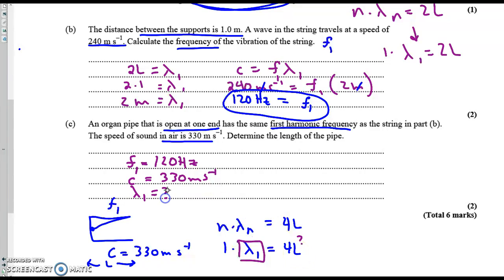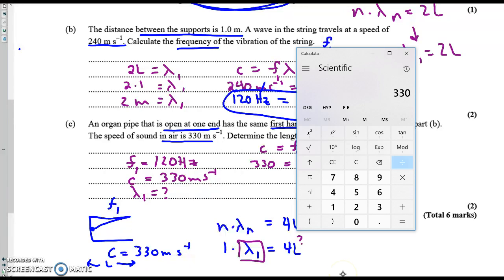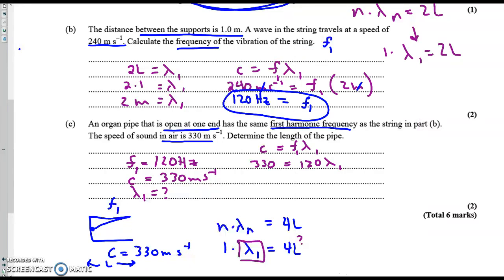Lambda 1. That's our unknown for now. We use the wave speed equation. C is 330. We're plugging in F1 and seeking lambda 1. So 120, we divide. It's 2.75 meters. That's lambda 1.